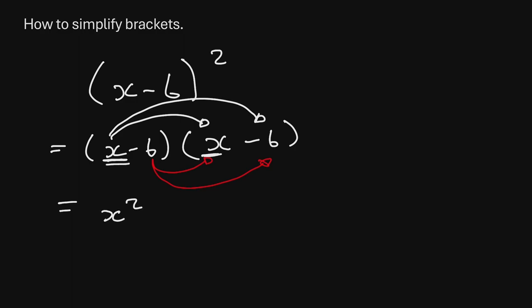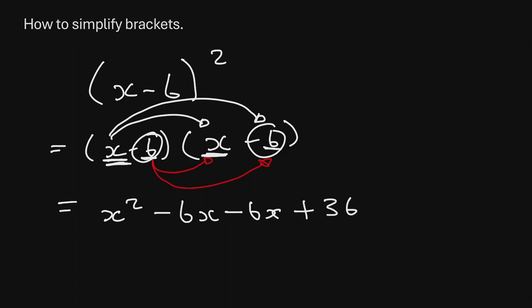Then x multiplied by negative 6, be careful of the signs, gives us negative 6x. Negative 6 multiplied by x is negative 6x. And negative 6 multiplied by negative 6 is positive 36. Again, be careful of the signs: when negative and negative multiply, we get a positive answer.